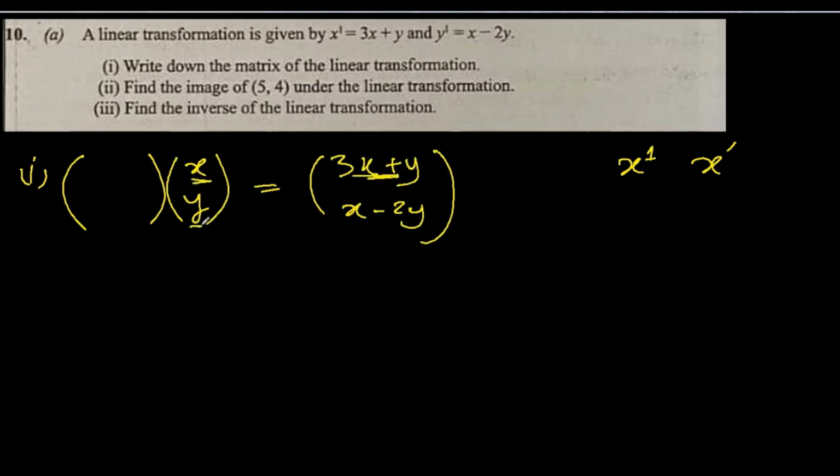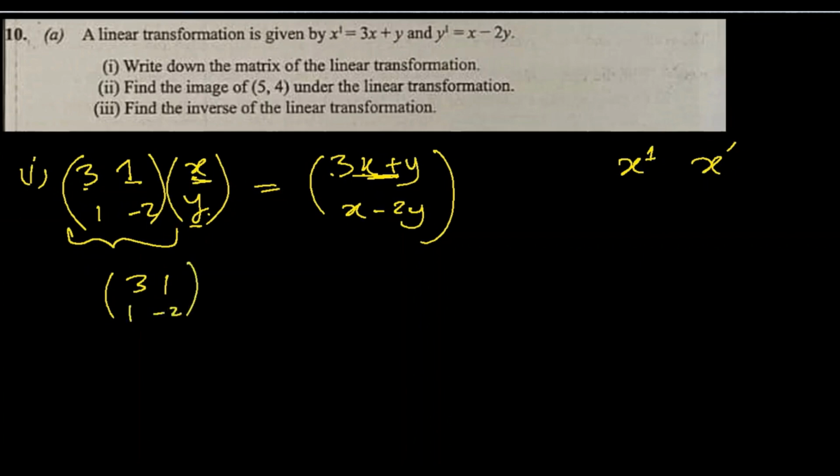So simply, what are the coefficients here? We will write it here: 3, 1, 1, minus 2. If I multiply these two now, 3 times x is 3x, plus 1 times y is y. And this is the linear transformation matrix, 3, 1, 1, minus 2.